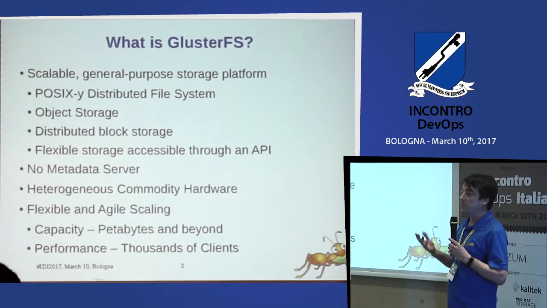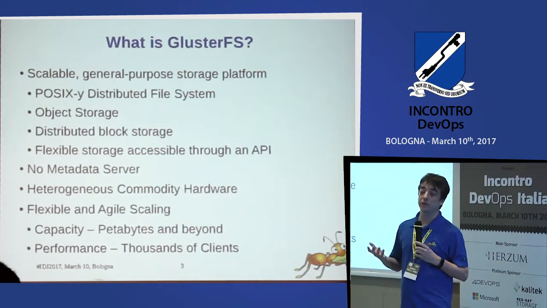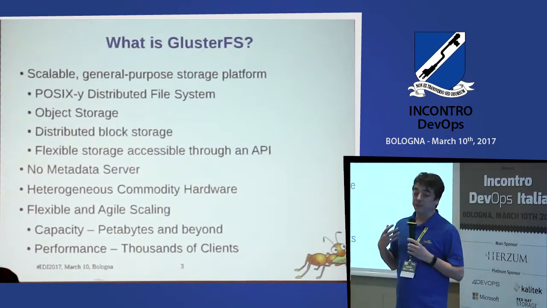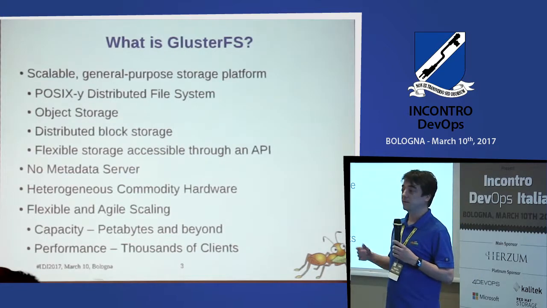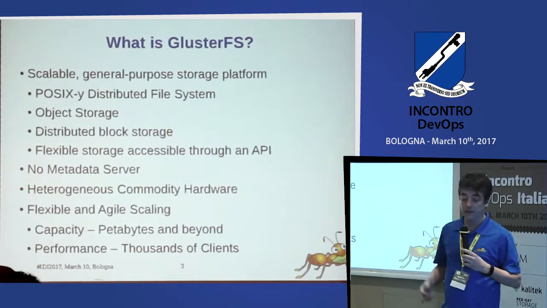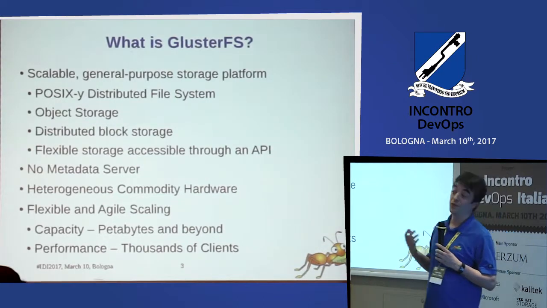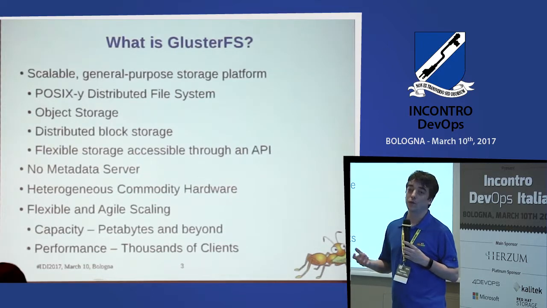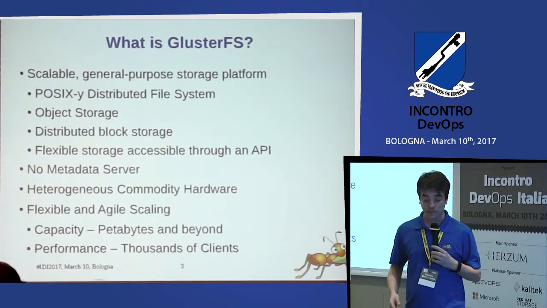So Gluster itself is basically a network file system. That's the main purpose of the whole distributed storage that we have here. This means that you have a POSIX API, a normal open, read, write. System calls function just fine. It offers the option to do object storage if you want to, but obviously that doesn't go through the file system immediately, but through OpenStack Swift or Amazon S3 interfaces.